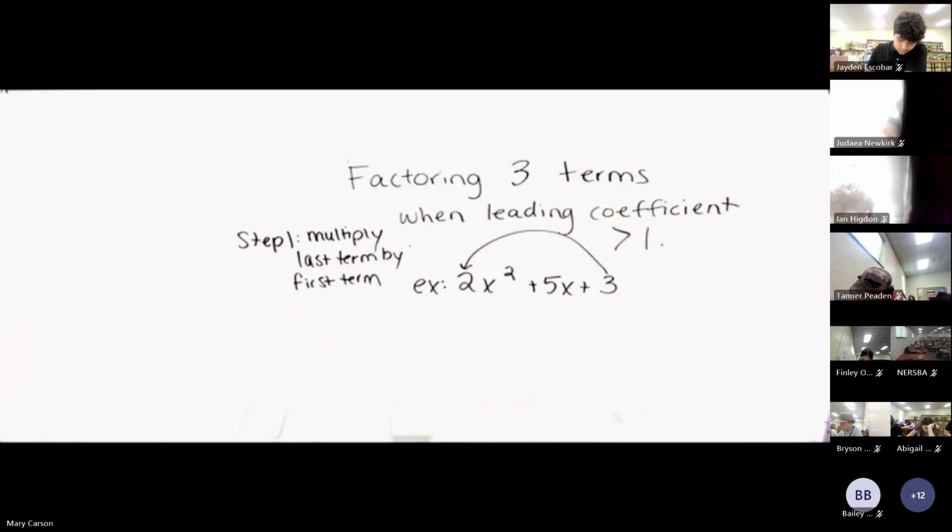Before, when it was 1, you only had to look at the last term because really it was just saying like 10 times 1, which is 10. So 3 times 2, so we want two numbers that end up multiplying to give you 6, okay?